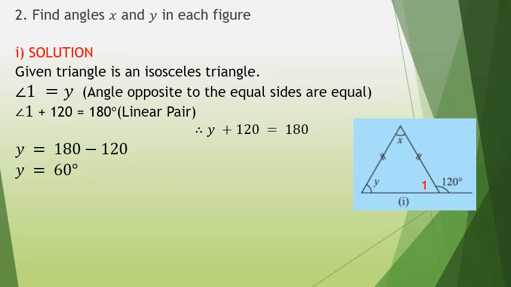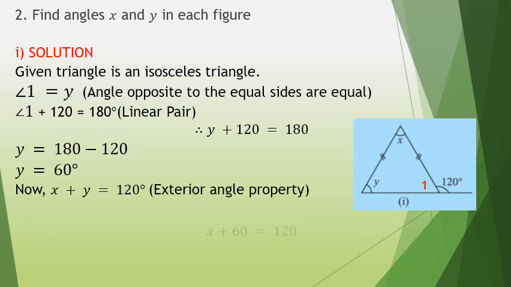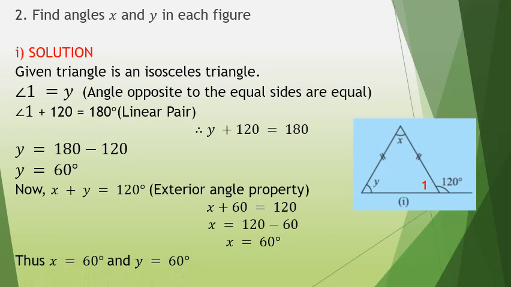We know that x plus y equals 120 degrees, because the sum of interior opposite angles will be equal to the exterior angle, and we know the value of y as 60 degrees, so we substitute the value. We get x plus 60 equals 120, or x equals 120 minus 60 equals 60 degrees. Thus x equals 60 degrees, y equals 60 degrees.